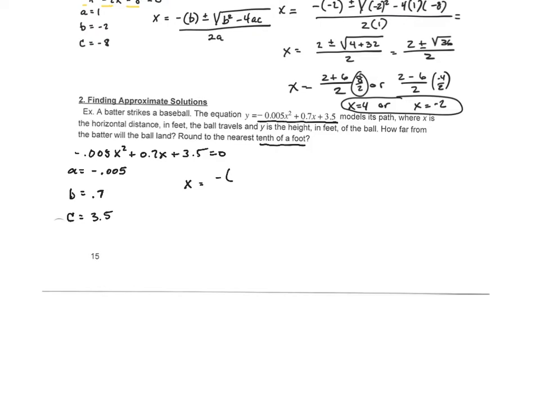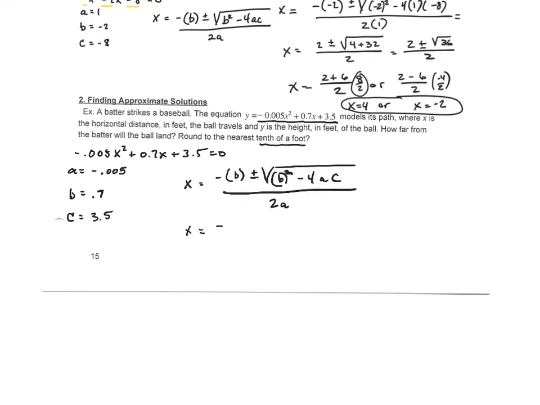I have negative B plus or minus the square root of b squared. Yes, you will probably get tired of writing the formula out, because I'll have you do that with every problem for the first couple of lessons to make sure that you know the formula.